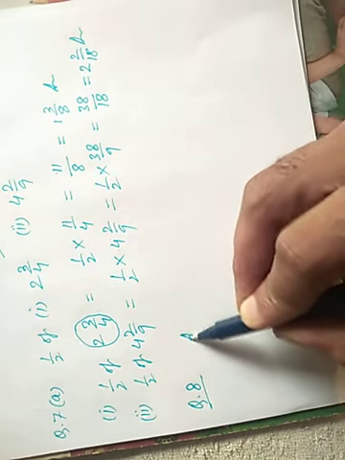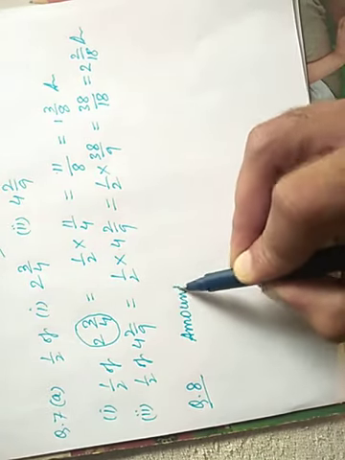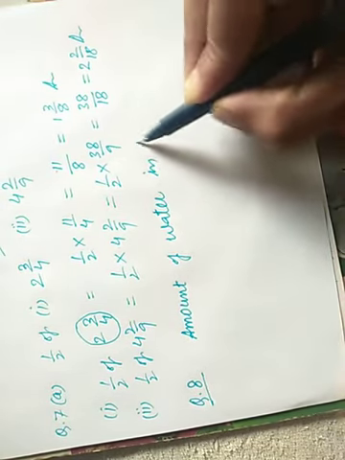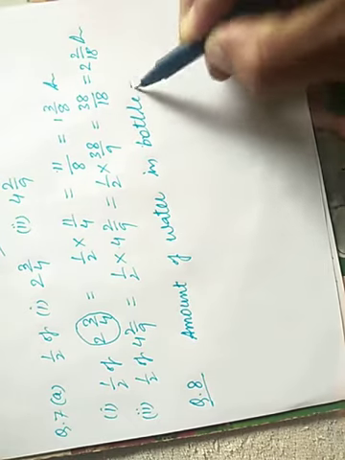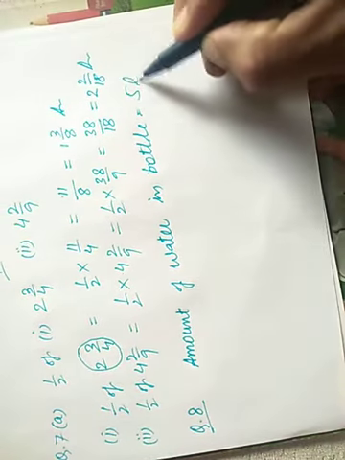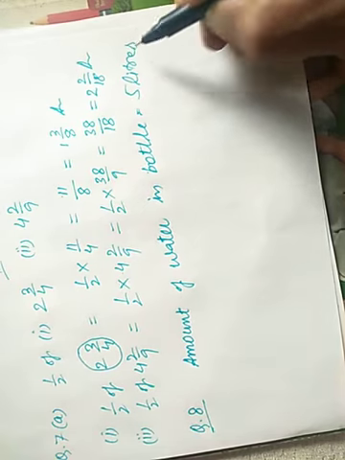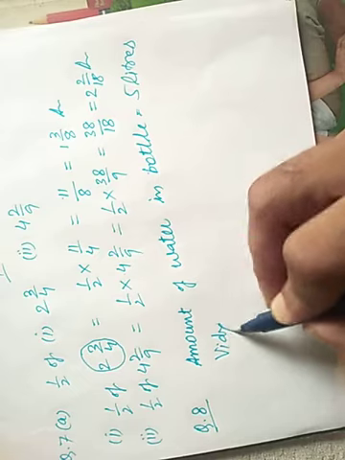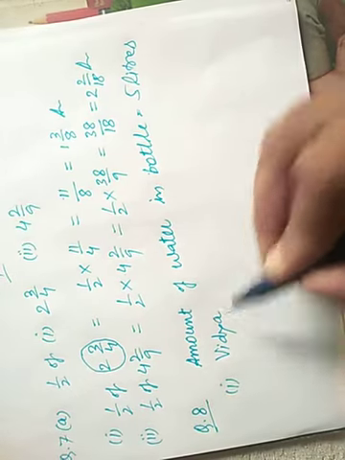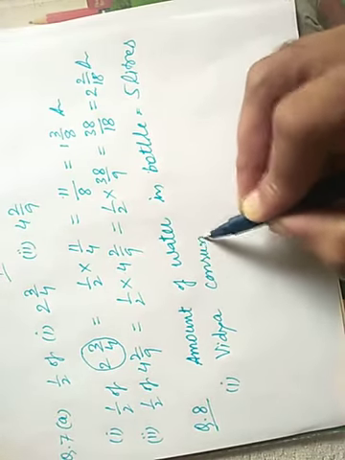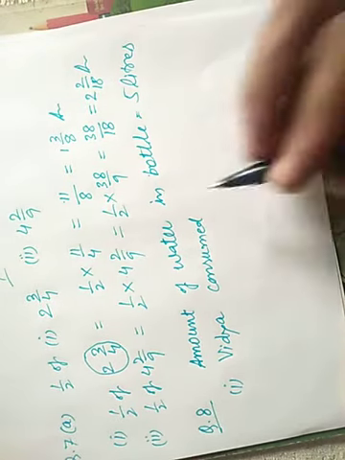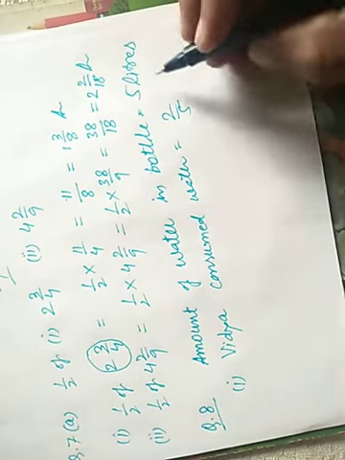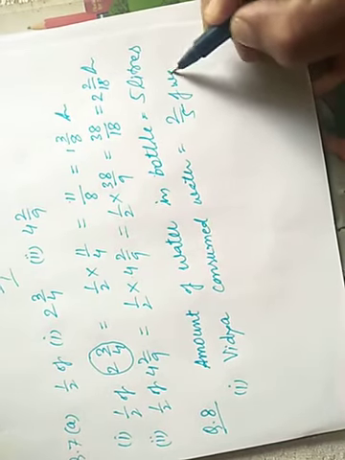Amount of water in the bottle is equal to 5 liters. Vidya consumed, first part we will solve, Vidya consumed 2/5 of water.